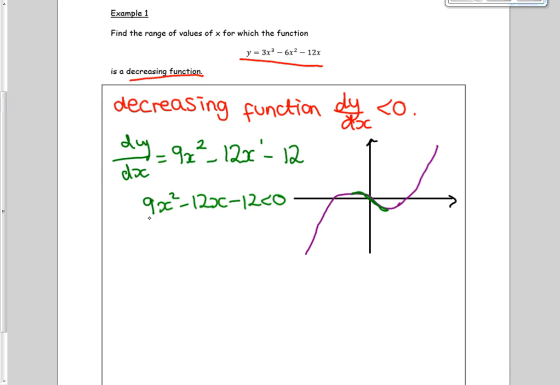So the first thing we need to do is factorise this, but we can easily see that all the terms are divisible by 3. So that gives us 3x squared minus 4x minus 4 is less than 0.